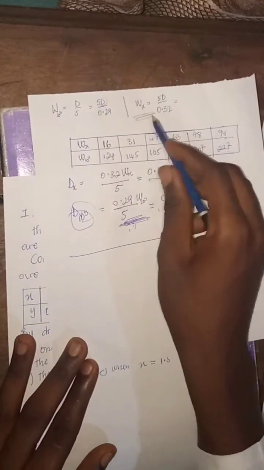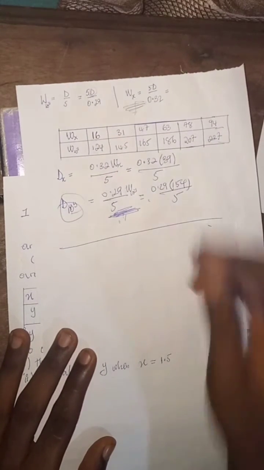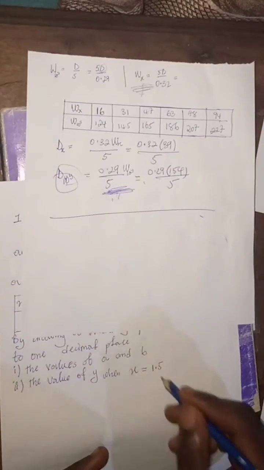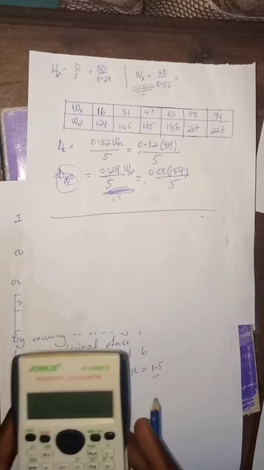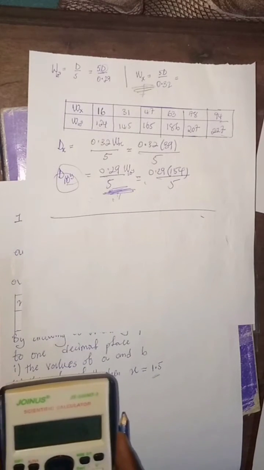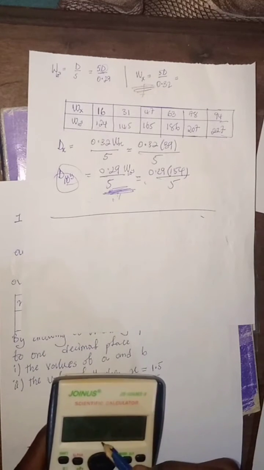So I know that the whole number part for x is what I have here. So my whole number part is 5 times data point over 0.32. So if this x is my data point, 1.5, I'm going to take 5 times 1.5 divided by 0.32. I'm going to have, to the nearest whole number, 23.